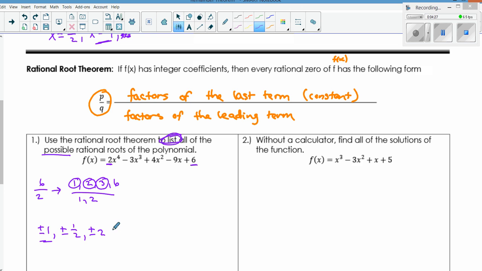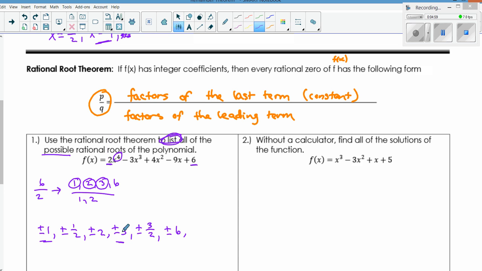So look at my 3. That gives me plus or minus 3. And then plus or minus 3/2. My 6 gives me plus or minus 6. And then I get 6 over 2, but that's the same as 3, so I don't need to rewrite it. So these are all my possible roots. That doesn't mean that they all are roots, because I can only have at max 4 anyways, but it gives me an idea of where to go with my function.